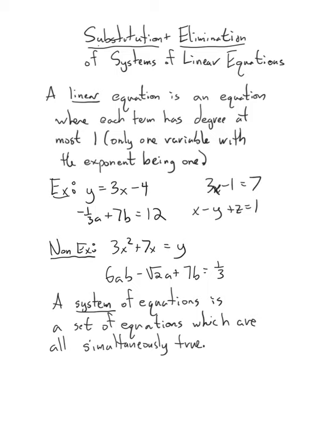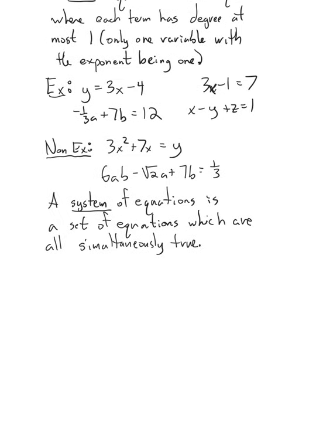So let me give you an example of what I mean. And it's more a concept. So if we have something like 2x minus 1 equals y, and let's do 3x plus 4 equals 7y, then this is a system of equations.